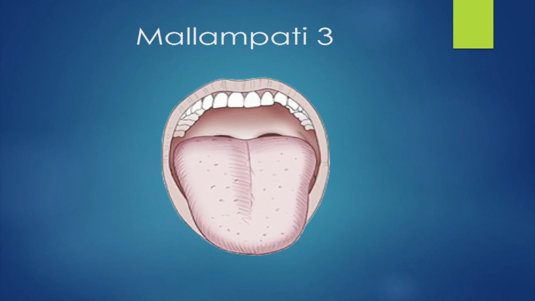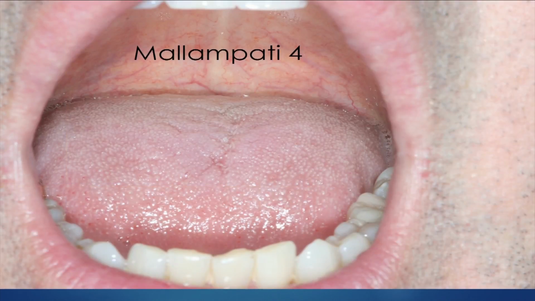The Mallampati Class 3, most of the uvula is covered up now, and you can just make out a little bit of the airway. With the Mallampati Class 4, you see no sign of the uvula, no sign of the airway, no sign of the end of the soft palate.